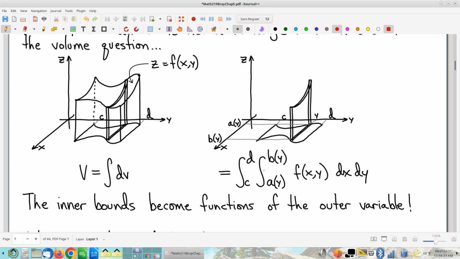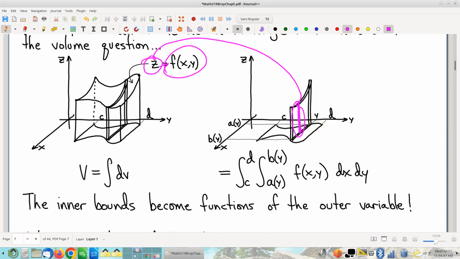Some key observations to make. How does verticality, the three-dimensional part of this picture, the vertical part of this picture, how does that manifest in the result? Well, look, it's just telling me what z is. What is z?